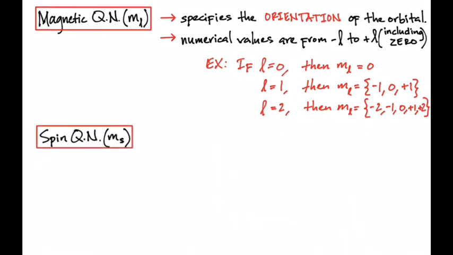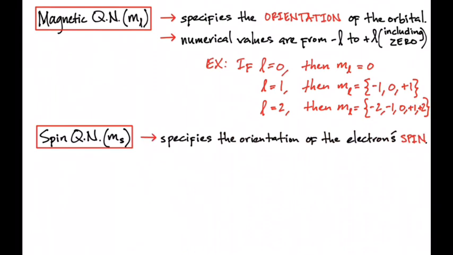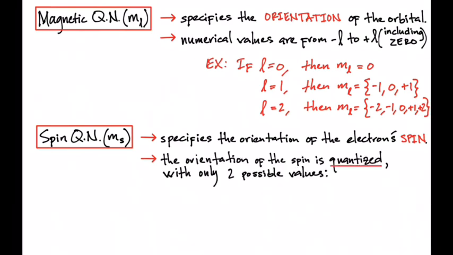And the last type of quantum number is called the spin quantum number. And it has the symbol m sub s. What this tells us is the orientation of the electron's spin within a given orbital. And this also has a specific numerical value. The orientation of the spin is quantized with only 2 possible values.